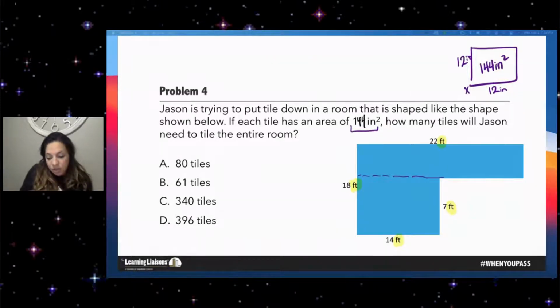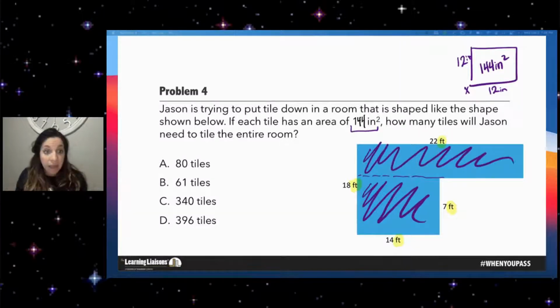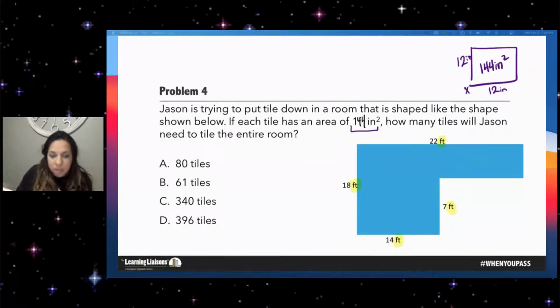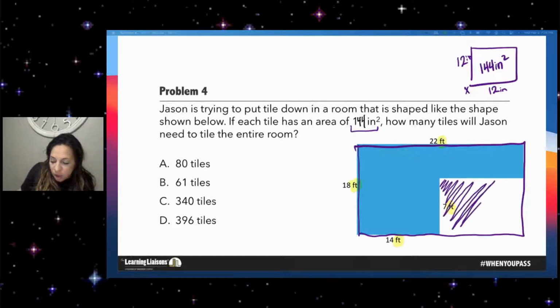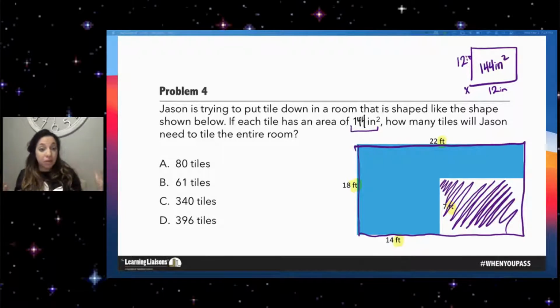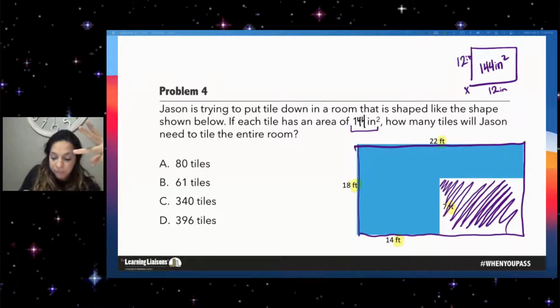Find the area of this rectangle, find the area of this rectangle, and then add them together. Way number 3 is going to be to find the area of this entire rectangle and then subtract this rectangle from the big rectangle. So we have 3 different ways we can solve this problem.